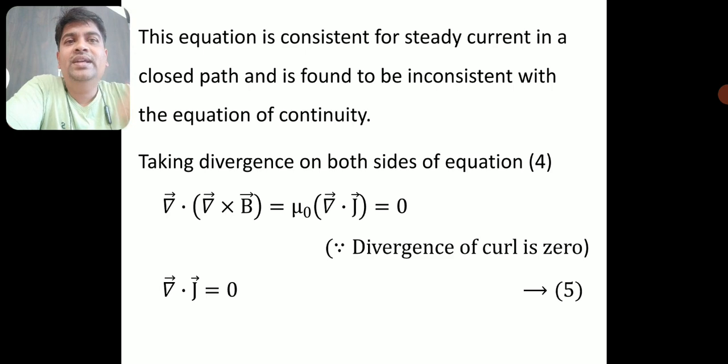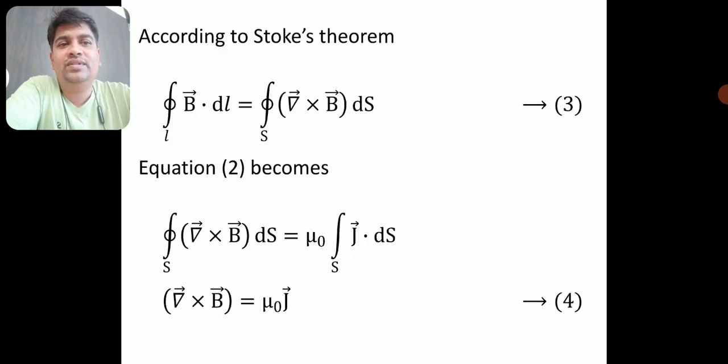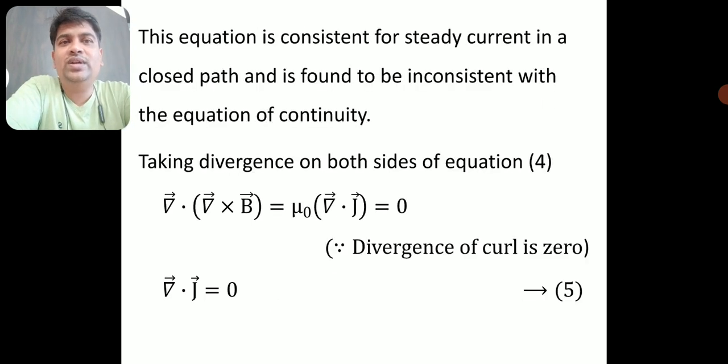Let us take divergence on both sides of equation 4. If I take divergence on both sides, divergence of curl of B is equal to mu naught times divergence of J. The left side is going to be 0. Why is it 0?